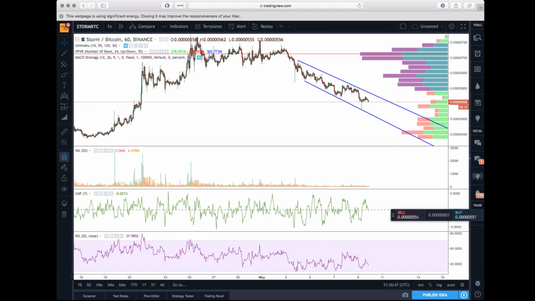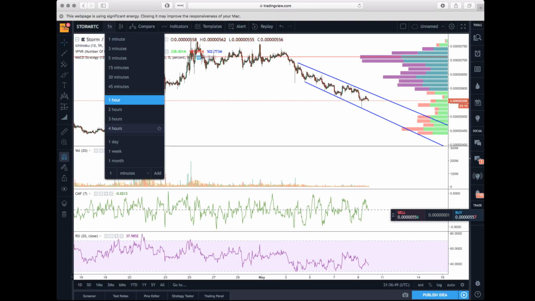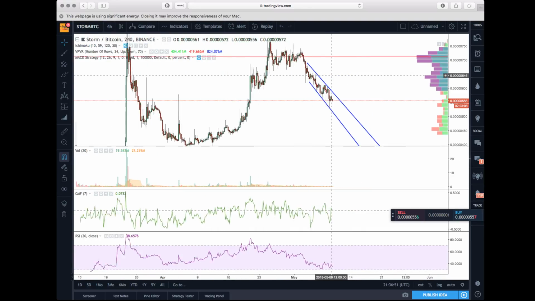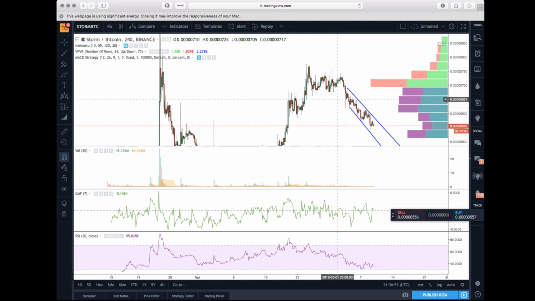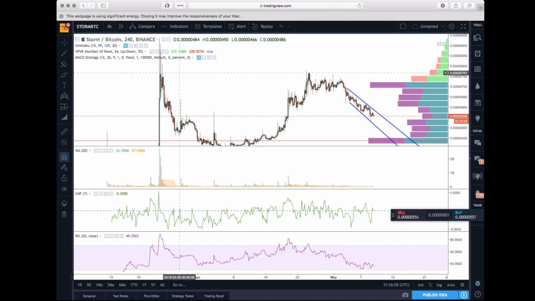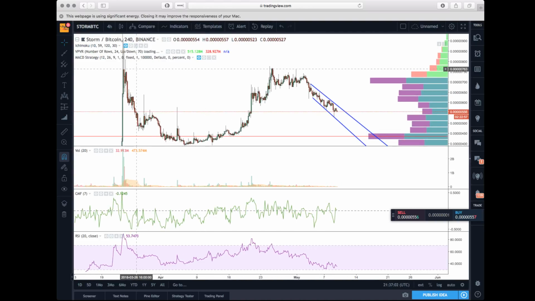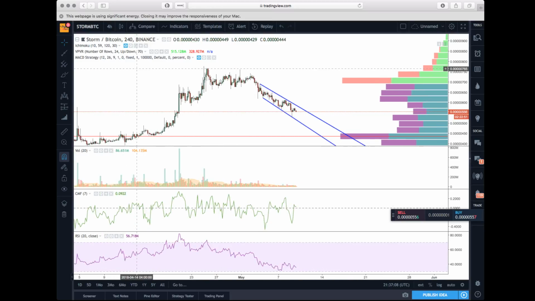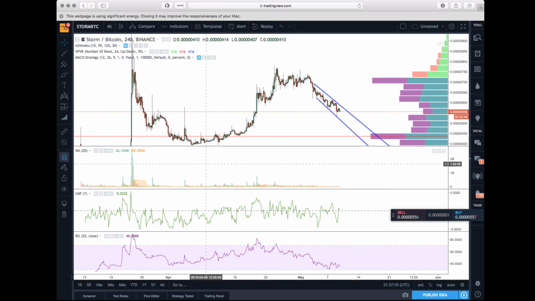Storm was one that was shilled quite a bit on Twitter recently. A lot of people are calling that a cup and handle. I'm not totally going to discount that, but let me just look at the volume.